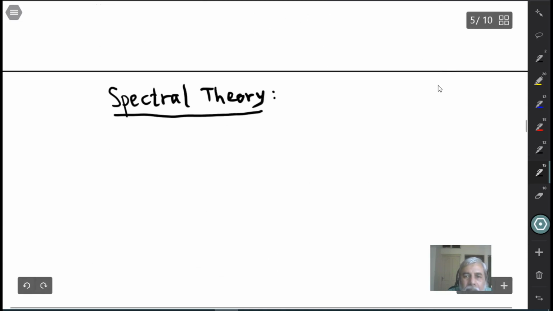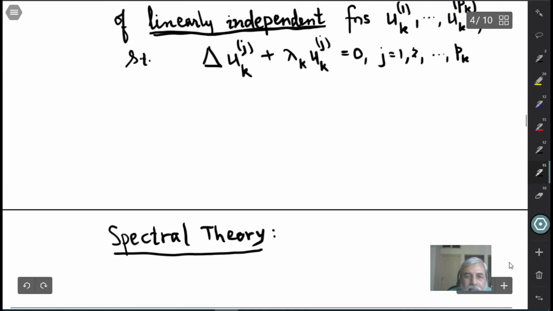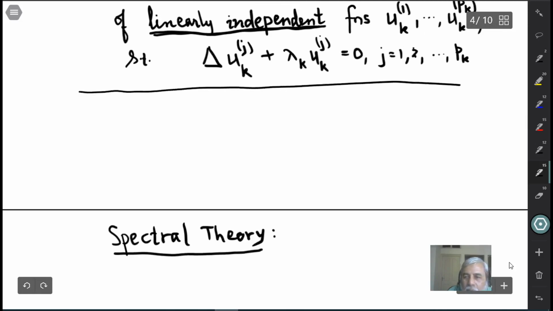Okay, before coming to that, there is another interesting line one can go. So here again, let me call it spectral function.